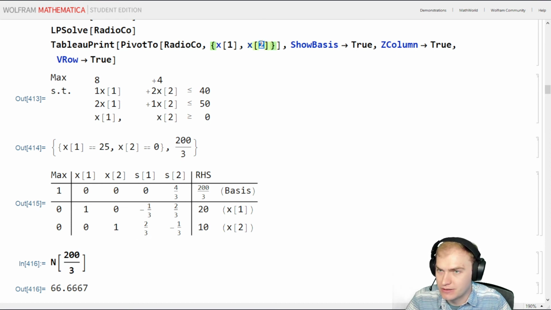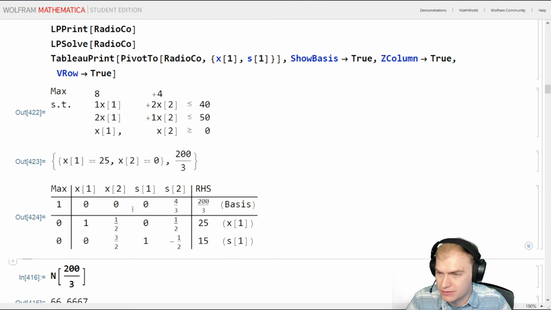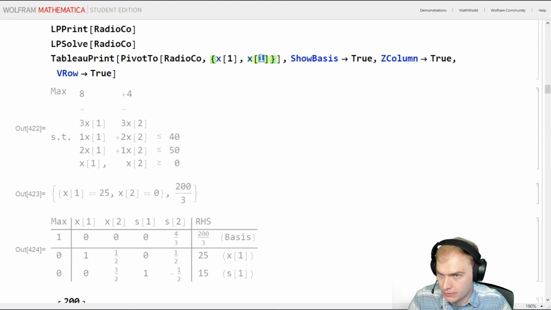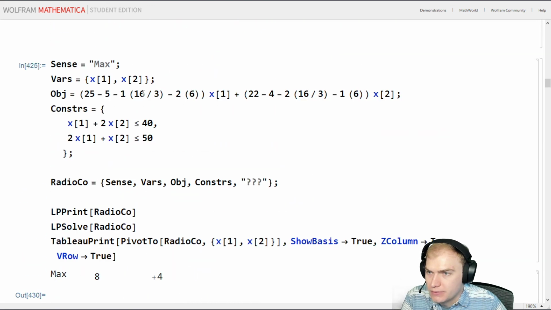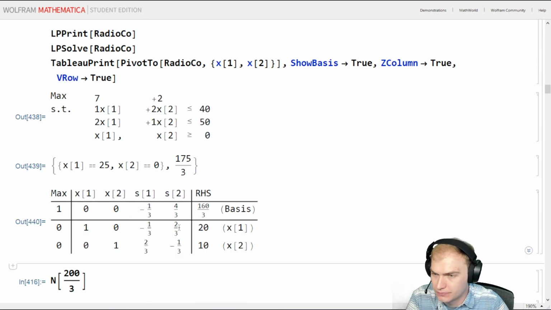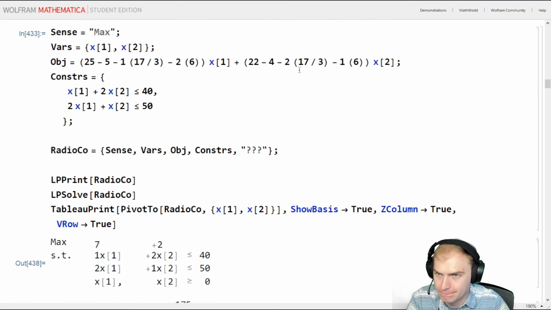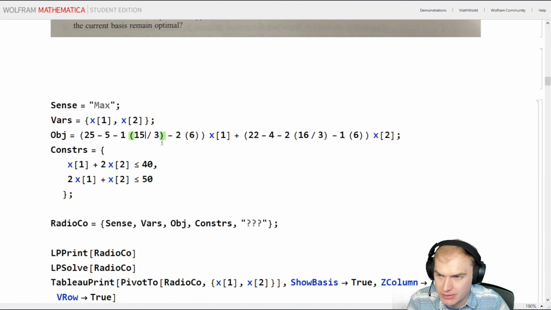So we could change this and put S1 in the basis and have the same solution. So if we were to bump this up again to 17/3, suddenly we're no longer optimal at what our basis was. Actually, let's bring it back down to 15.